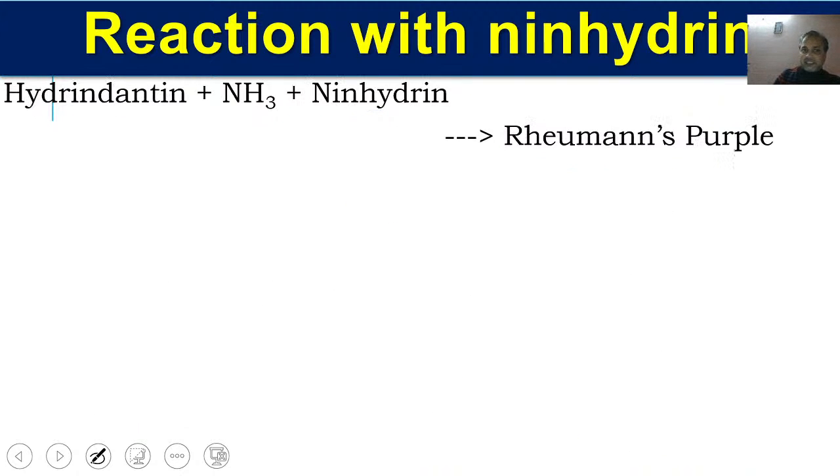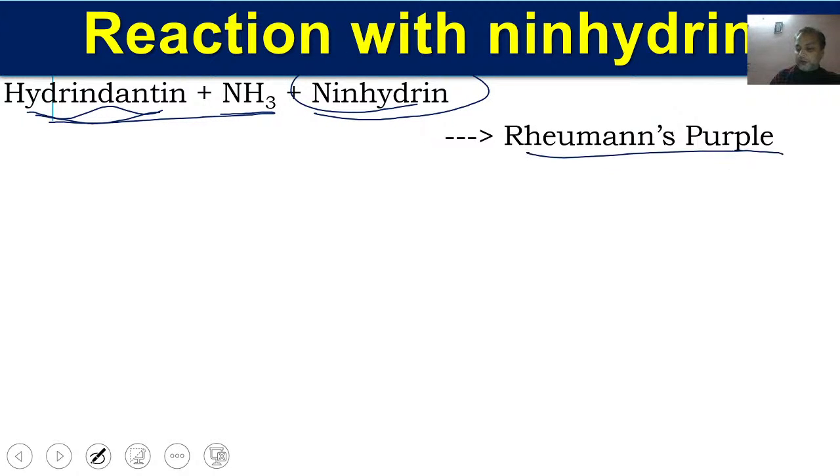In the second reaction, the hydrindantin which we have formed there depends on the amino acids. So this hydrindantin or ammonia which we have produced in the previous reaction reacts with fresh ninhydrin and gives you Ruhemann's purple.